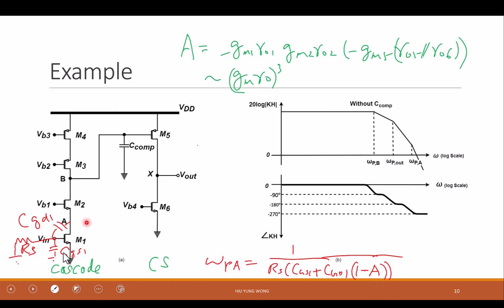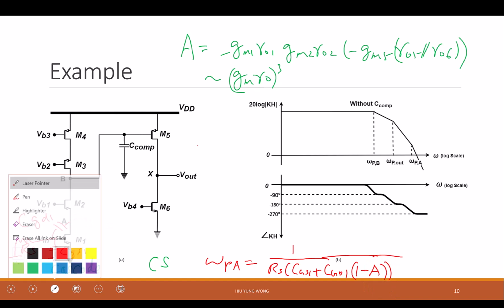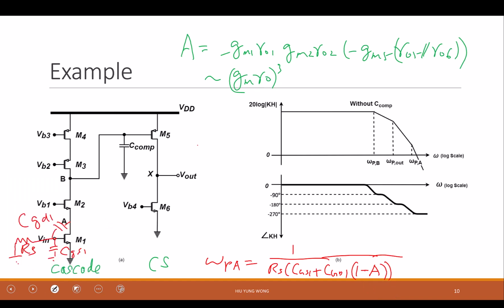What is A in this case? I mean, what is the gain? Yeah. What, say again? What is the gain we need to use for the Mueller cap? Minus GM1 RO1. Is that right? It won't be that simple, right?